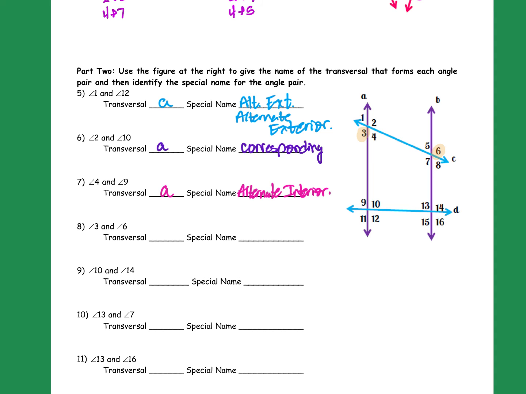A, B, C, or D? Would it be C? It would be C. Nice job. Okay, and tell me what type of angles are 3 and 6? Alternate. Consecutive? No. Alternate exterior. Very good.